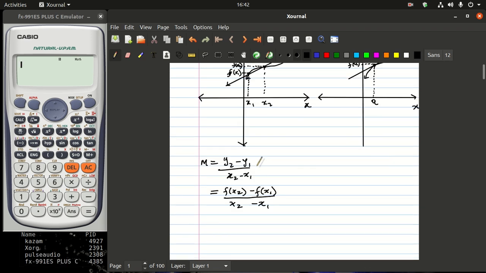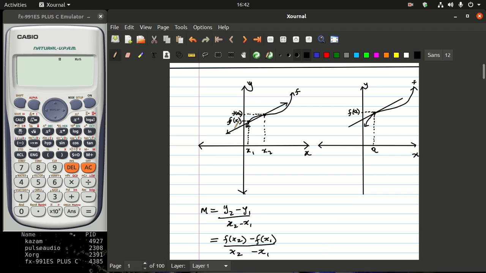Another thing we talked about: if the slope or gradient is greater than 0, then the function is increasing. If it is less than 0, then the function goes all the way down like this, so we have a decrease.